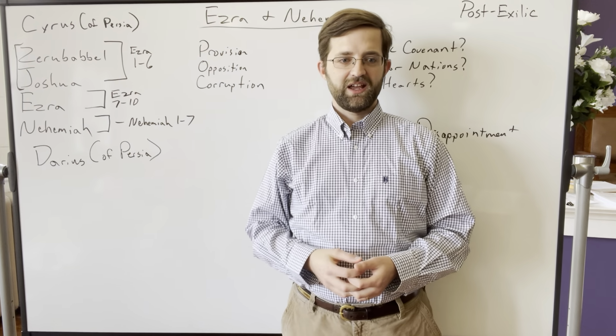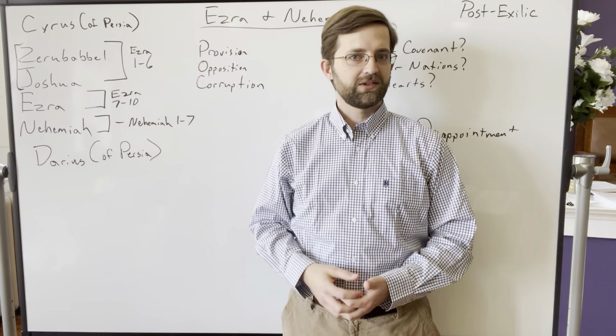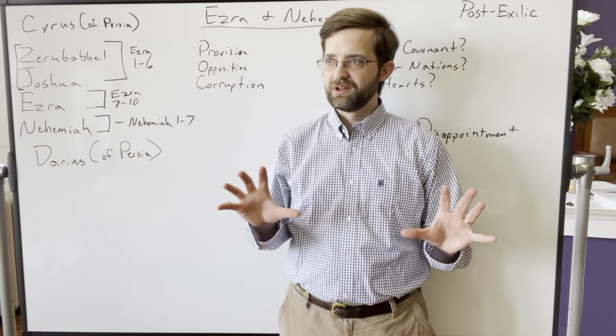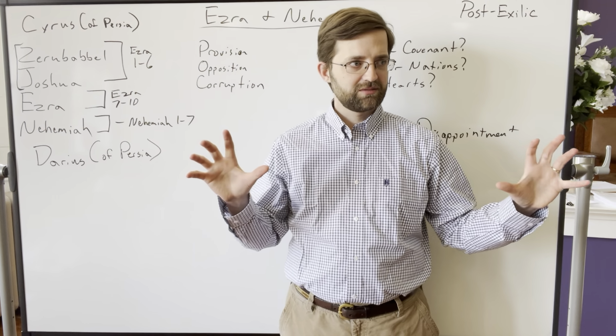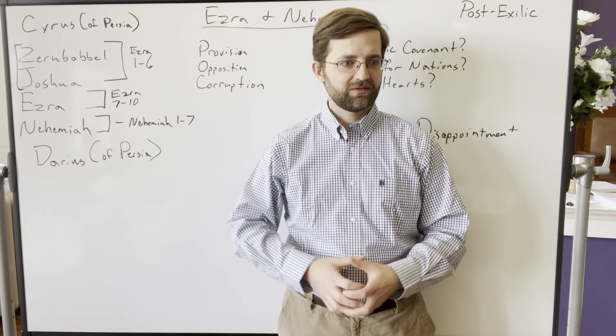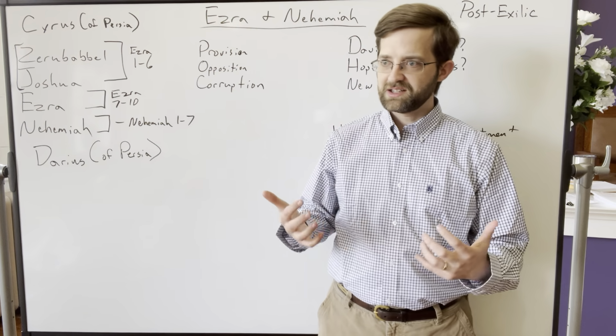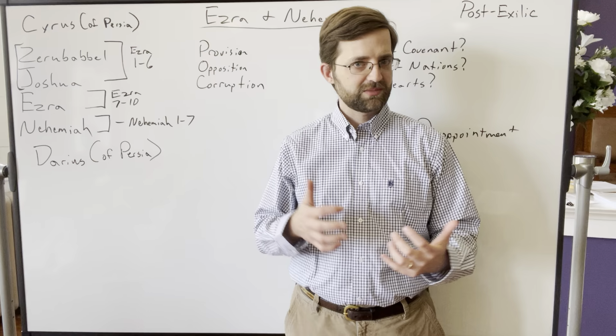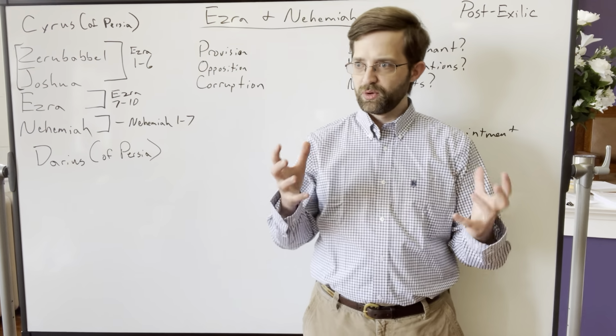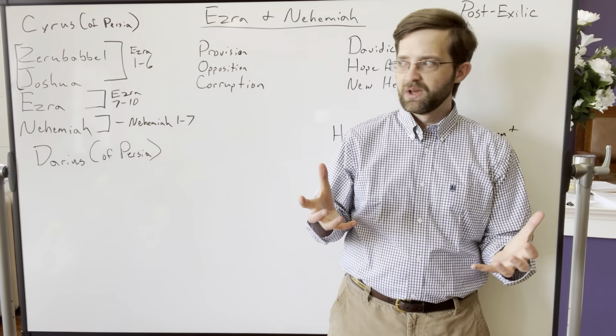Zerubbabel is a descendant of David, and one of the themes or questions throughout the period of the prophets, the divided kingdom, and then into the exile is, when is this king in David's line, this Messiah, going to come? Now, when is this one going to come?